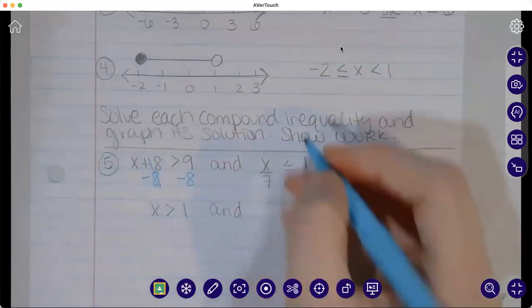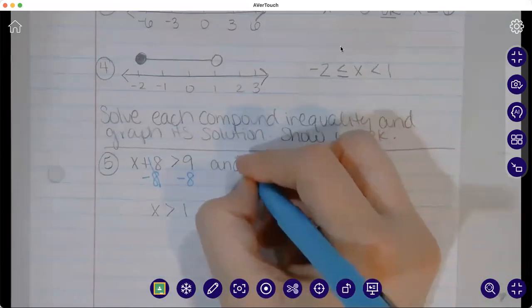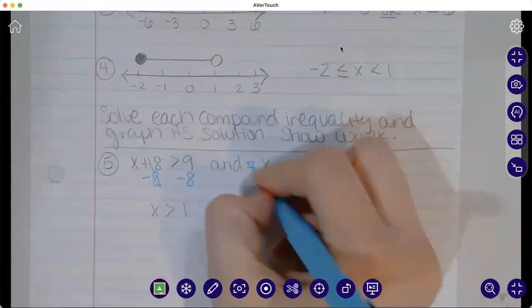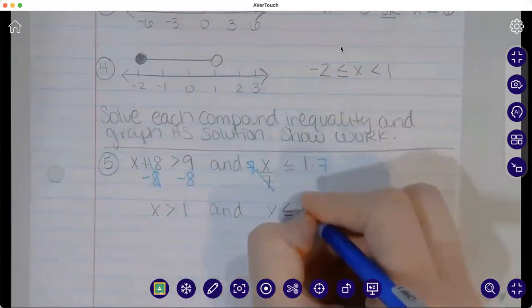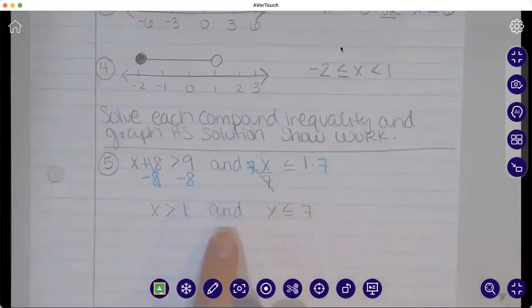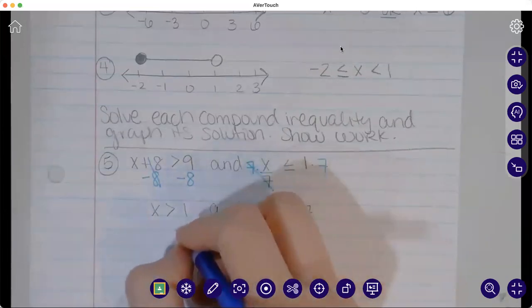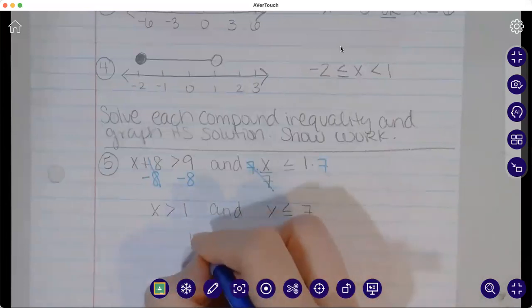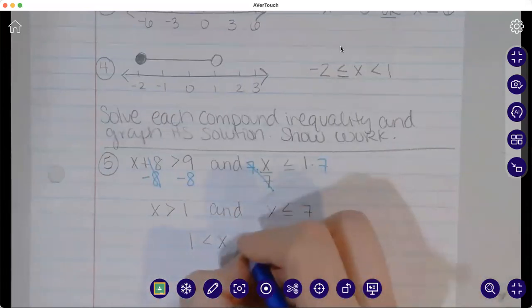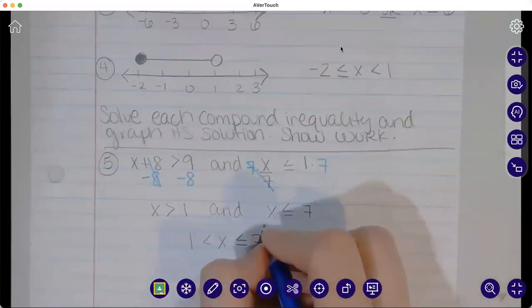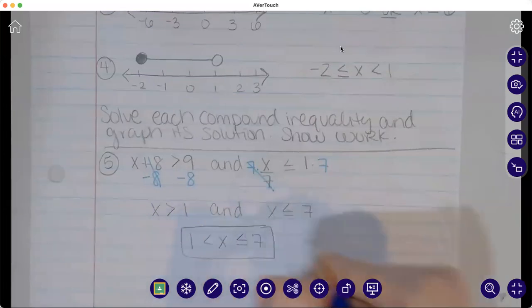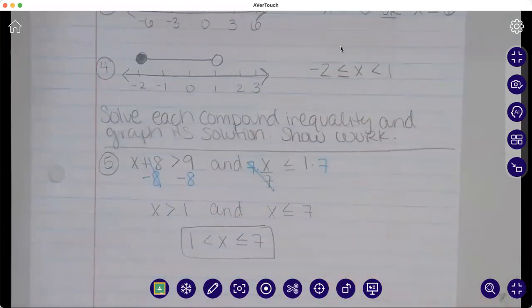So when we have something in the denominator, we're going to multiply by that value to both sides. And we get X is less than or equal to 7. Now again, because this is an and statement, we're going to combine these together. So you're going to take the smaller value, 1 is less than X, which is less than or equal to 7. We have this answer. And go ahead and graph this, and let's see if you have the correct graph.